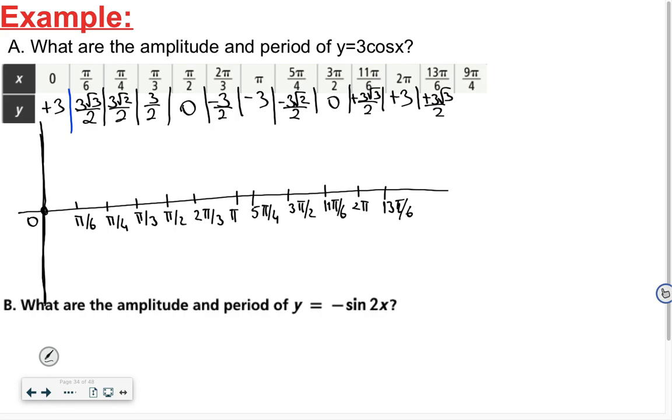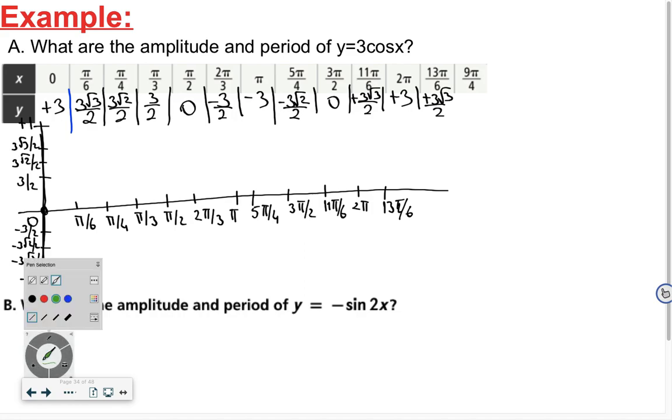It's going to be 3, 3 radical 3 over 2, 3 radical 2 over 2, 3/2, and 0. Then negative 3 over 2, negative 3 radical 2 over 2, negative 3 radical 3 over 2, and negative 3. Unfortunately, I don't have enough space, that's why I couldn't write it neatly. I hope you can understand.